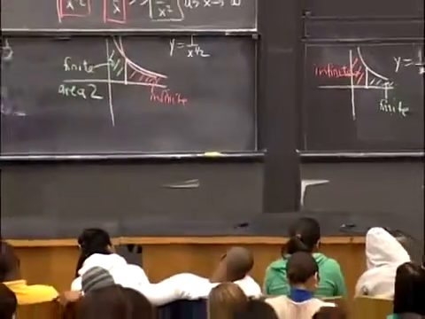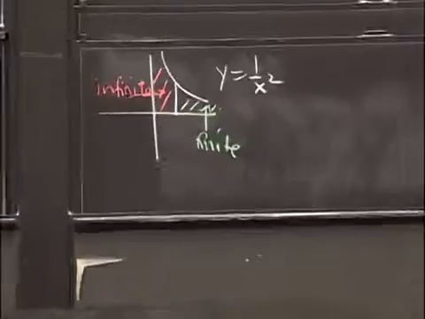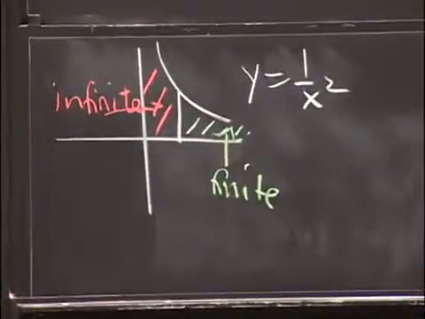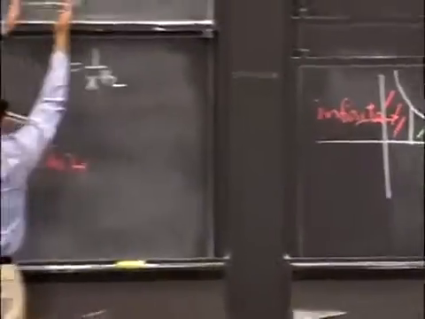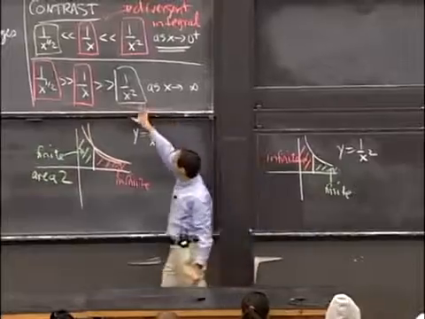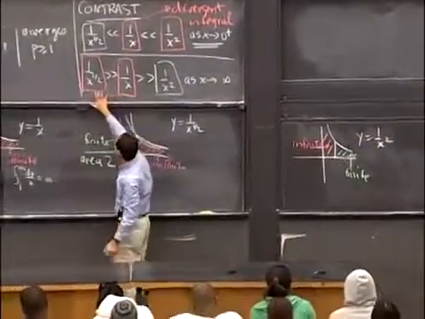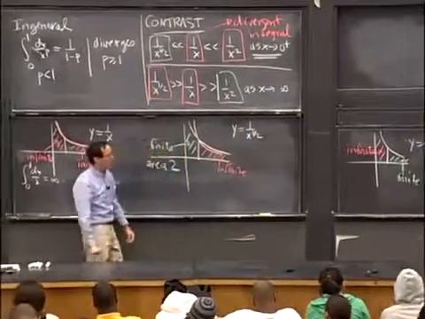All right, so again, what I've just tried to do is to give you some geometric sense and also some visceral sense. This guy, its tail as it goes out to infinity is much lower. It's much smaller than 1 over x. And these guys trap an infinite amount of area. This one traps only a finite amount of area.